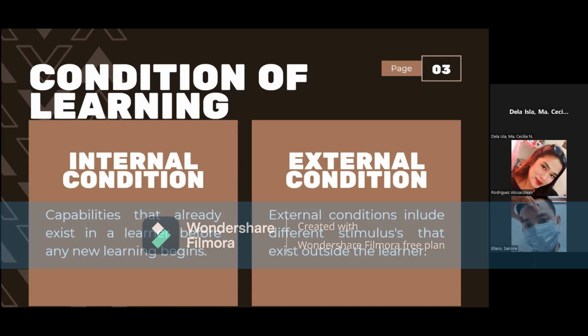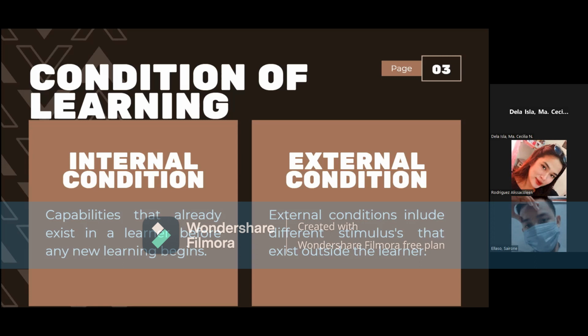And that prior knowledge can serve as a foundation for new learning. Gagne also said that memory is crucial. Learners must be able to retain what they have learned in order to apply it in the future.